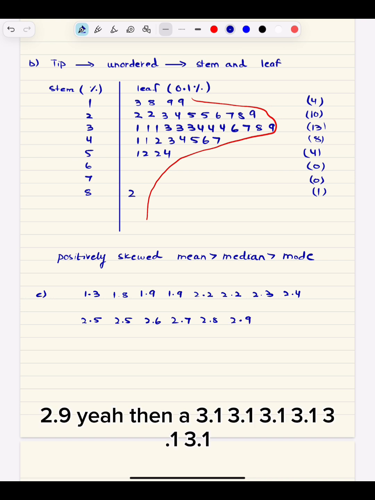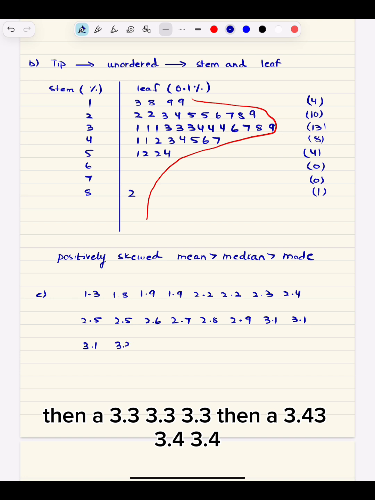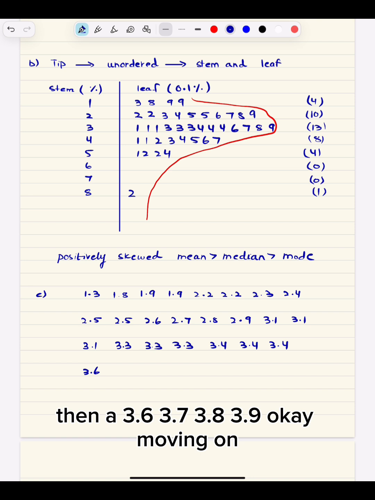Then a 3.1, 3.1, 3.1, 3.1, 3.1, 3.1, then a 3.3, 3.3, 3.3, then a 3.4, 3.4, 3.4, then a 3.6, 3.7, 3.8, 3.9.